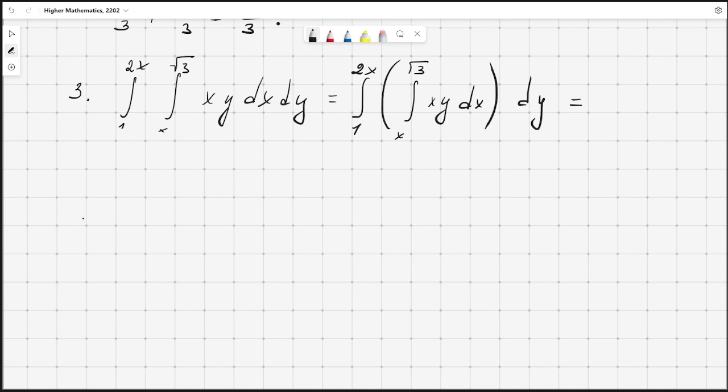In the inner integral, we will have integral from 1 to 2x of, the integral of xy with respect to x is y times x squared over 2.